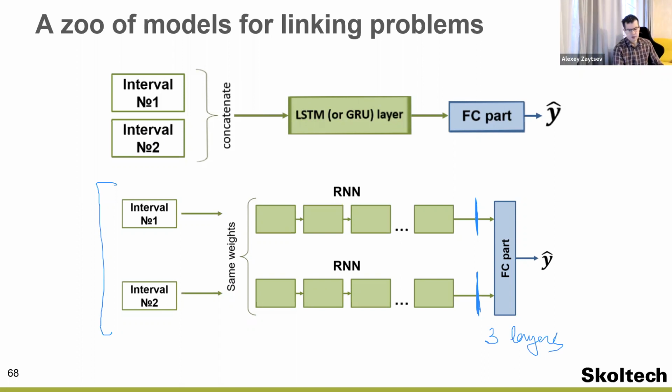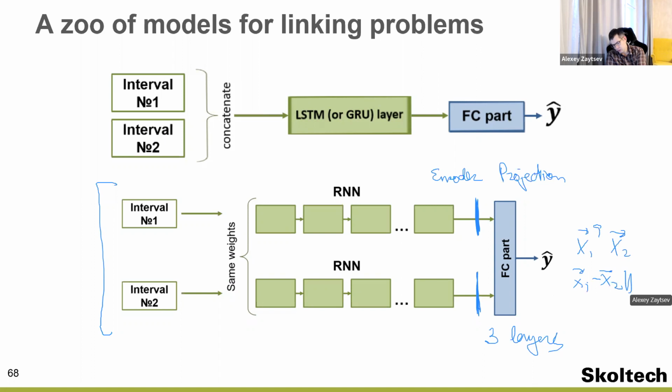And okay, we can try to do it a slightly different way, but this approach showed the best results and is quite similar to other self-supervised approaches we observed in recent years. We have this initial part, this encoder, to produce embeddings, and then we have this projection head, and after the projection head, we compare obtained embeddings, for example, with cosine distance or Euclidean distance between these two guys here.